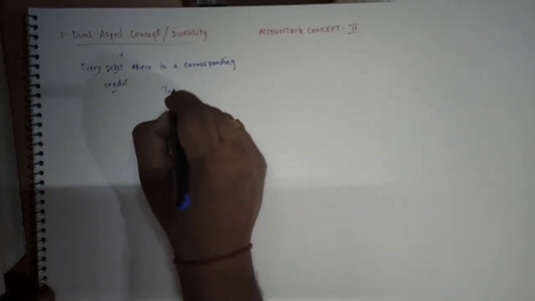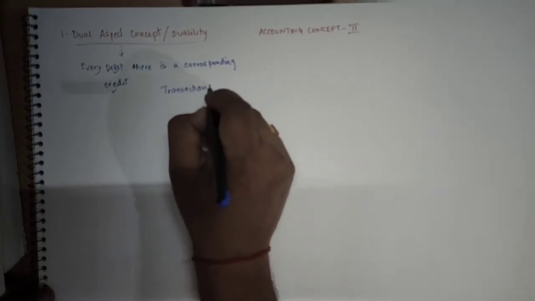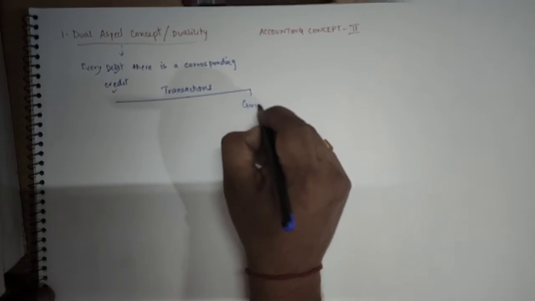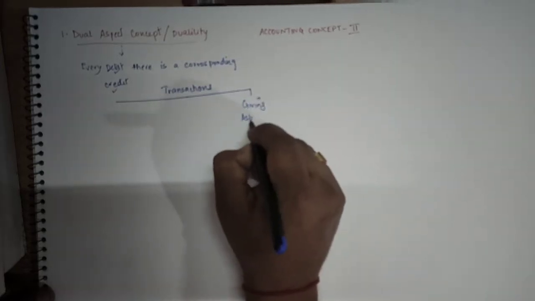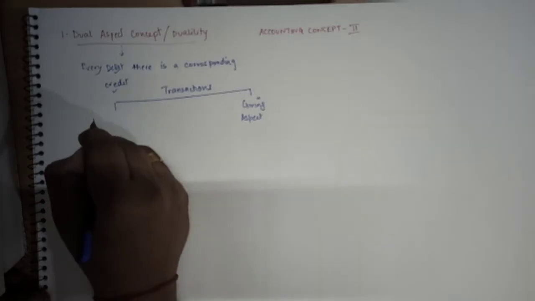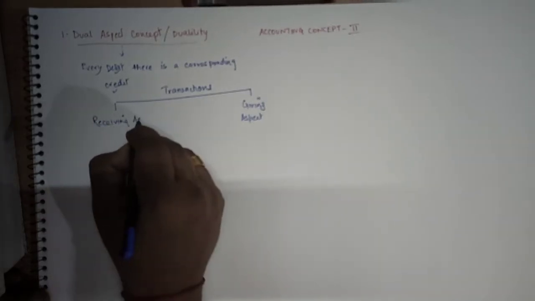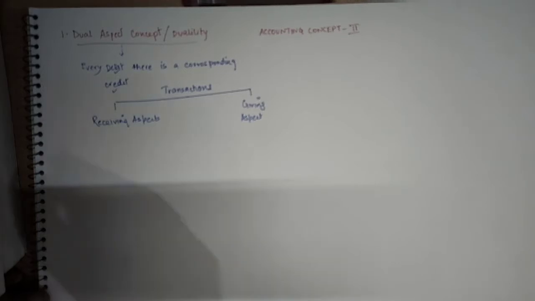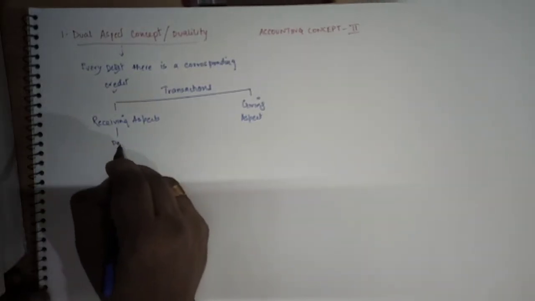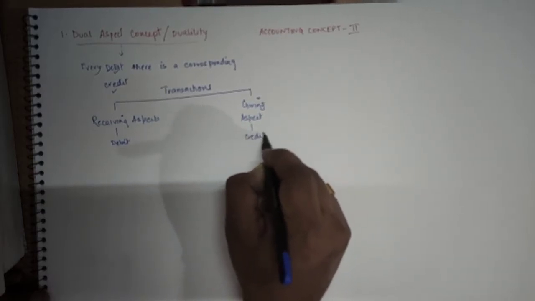All the transactions have two aspects. This one is the giving aspect, and this one is the receiving aspect. Now the receiving aspect is debit and the giving one is credit.